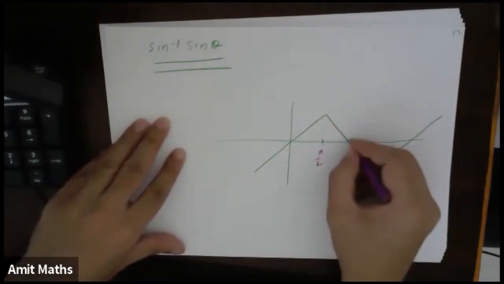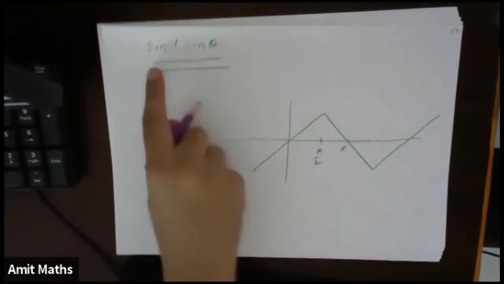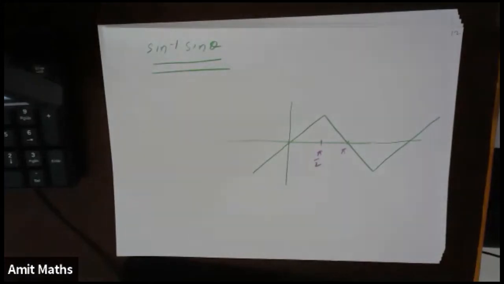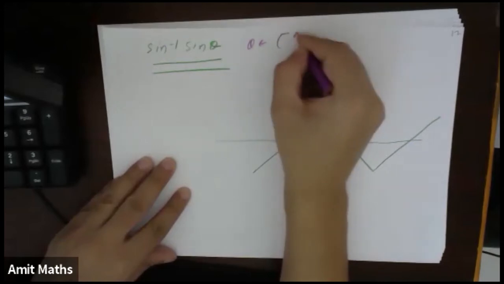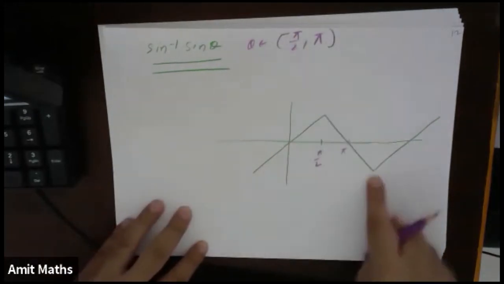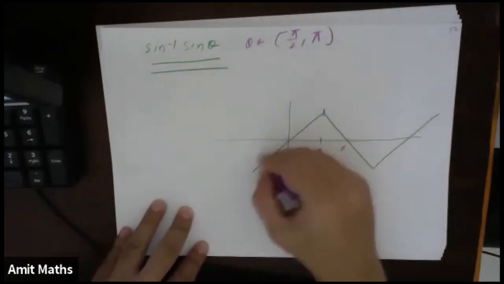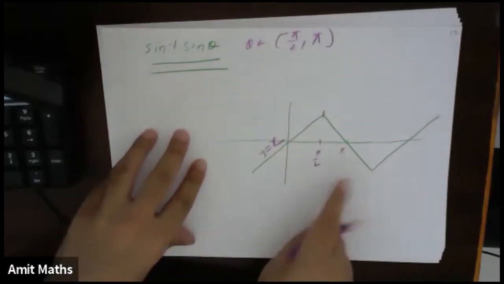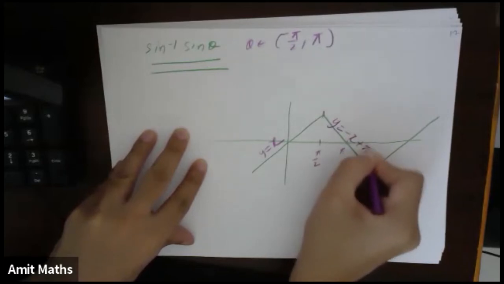We have specifically made the graphs of sine inverse of sine theta, cos inverse of cos theta, and all those graphs, where theta belongs to pi by 2 to pi. This is pi by 2, this is pi. We got a graph something like this, right? The equation of this line was y is equals to x, and the equation of this line was y is equals to minus x plus pi.